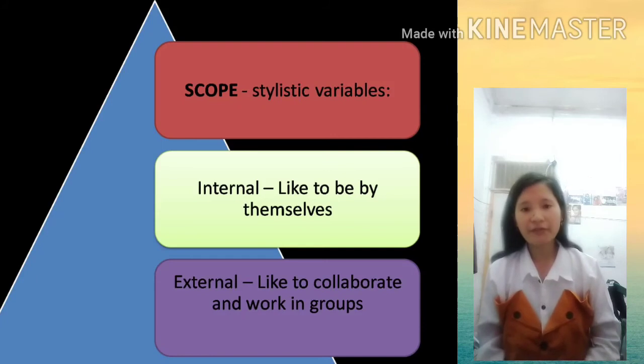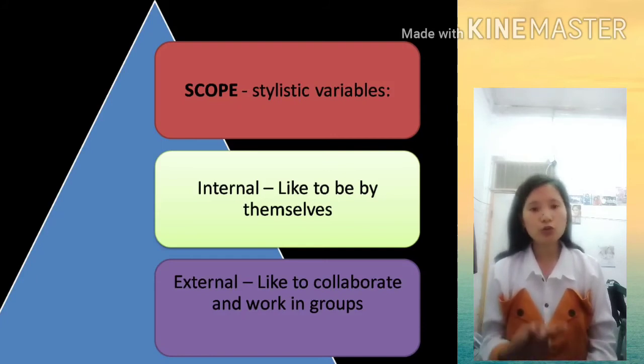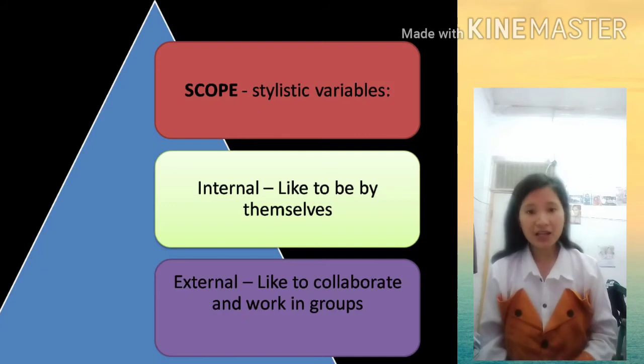Scope of style variables includes two: internal and external. Internal people like to be by themselves, and external people like to collaborate and work in groups. For example, a person might prefer legislative functions, internal scope, and hierarchic forms of mental self-government, while another individual might prefer executive functions, external scope, and anarchic forms.